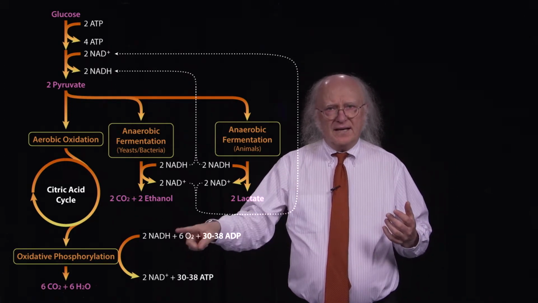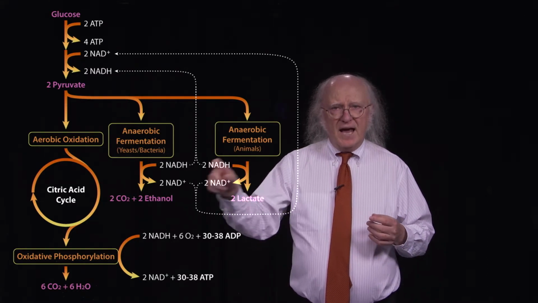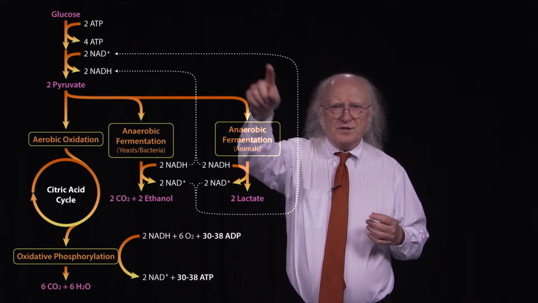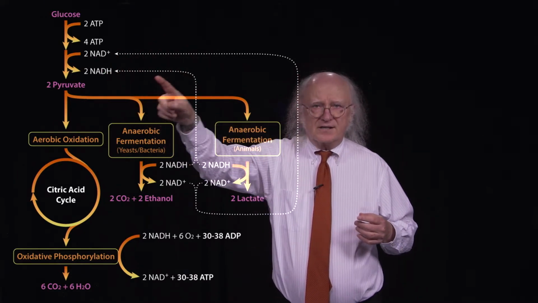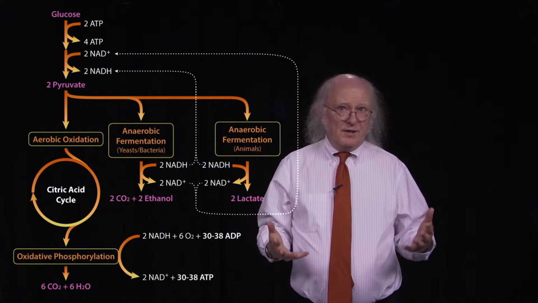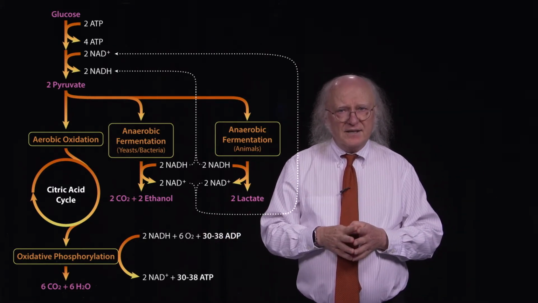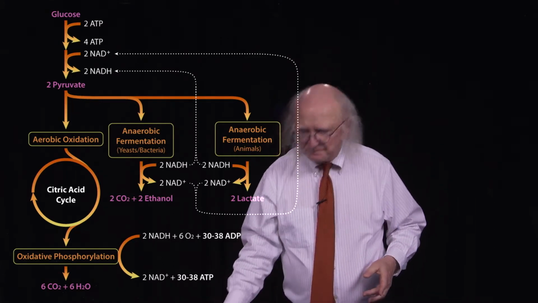The byproduct of that, just like for ethanol, is NAD, and that NAD is then used to keep glycolysis going. So animal cells go through fermentation very much like yeast do. The products, however, are different: lactic acid instead of ethanol.